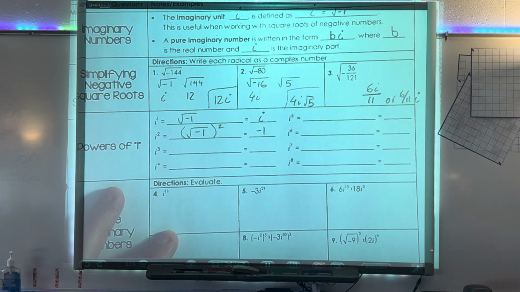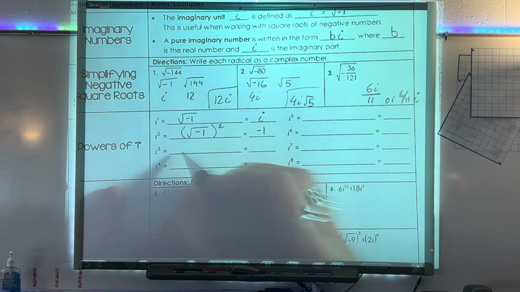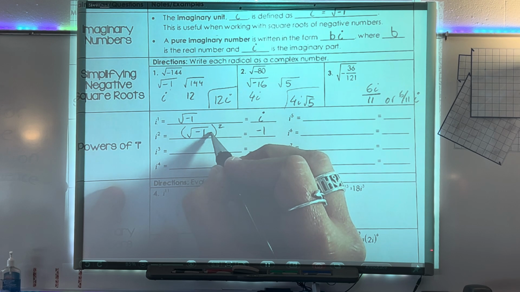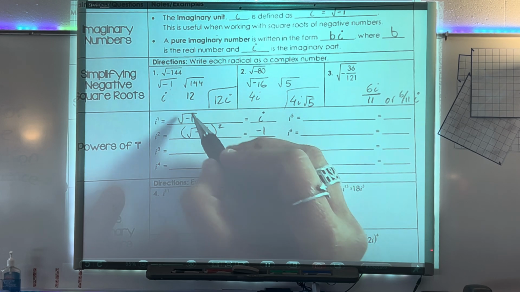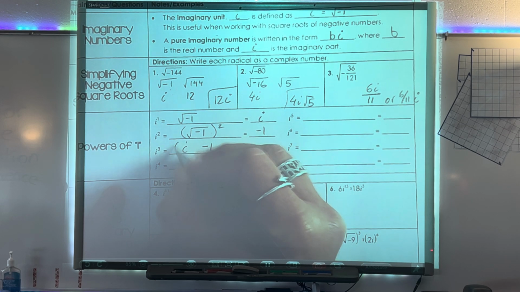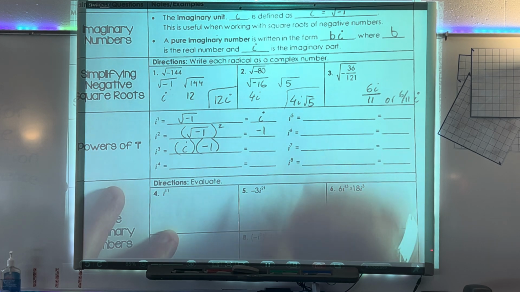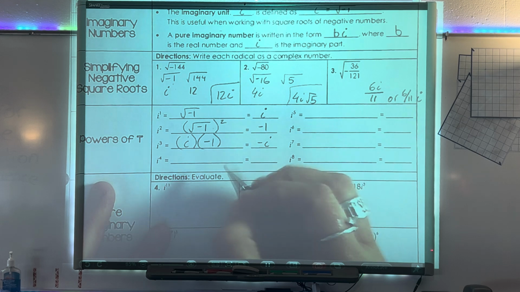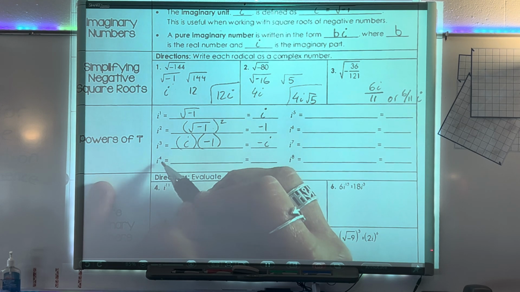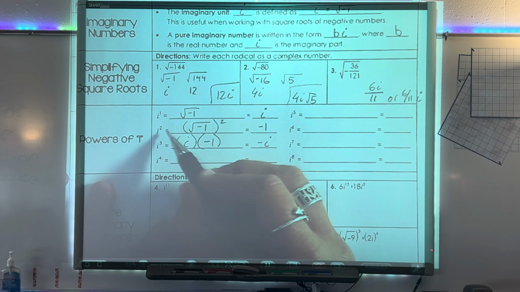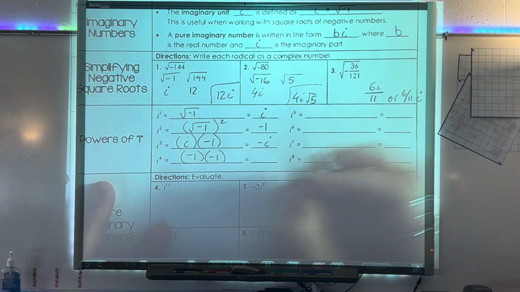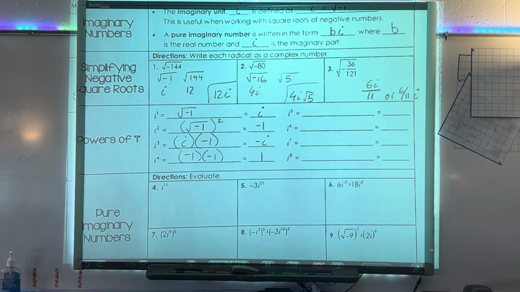Does that make sense? I mean, in reality, that's what it would be. So this we know becomes -1, and this becomes i, so it's basically i times -1, which is just -i. And then i to the fourth can be i squared times i squared, which would be -1 times -1, which is just 1.